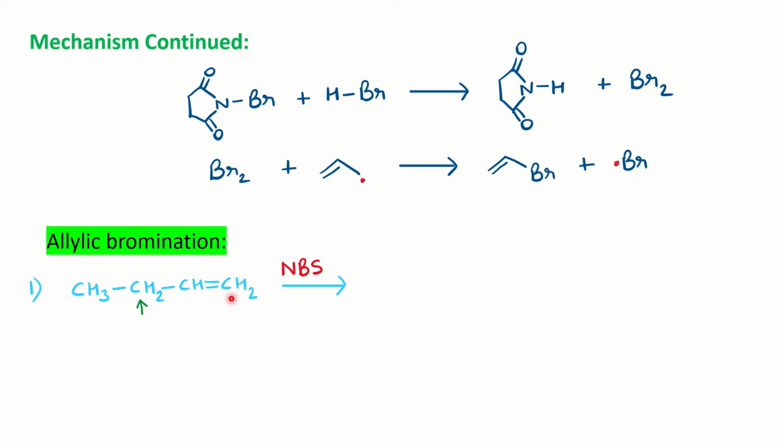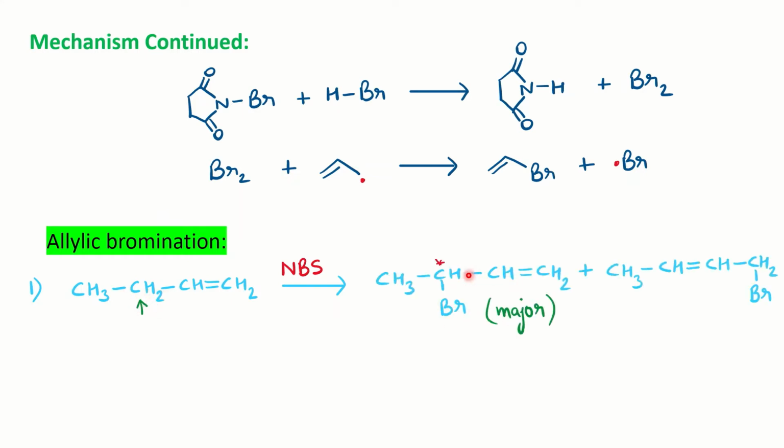If the free radical forms here with the shift of this double bond, then this is a primary free radical and this is a secondary free radical, and we know the more substituted free radicals are more stable, right? Like a tertiary free radical is more stable than secondary, and secondary is more stable than primary. If you compare the two free radical intermediates, this is the more stable free radical, and so it will give you the major product here.